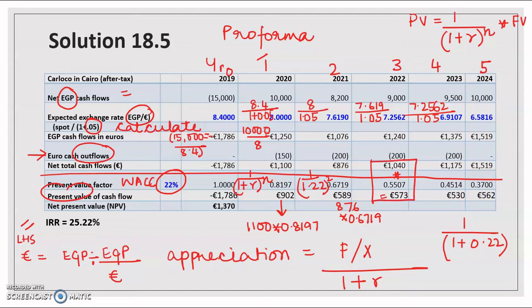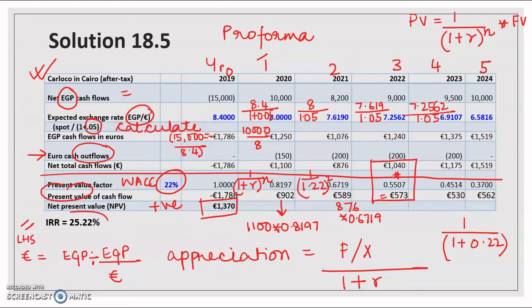Okay. Then when you add it all up, it will be giving you a positive cash flow. So far, I understand that the Egyptian subcontracting project makes sense for Carloco because they get a positive NPV value.